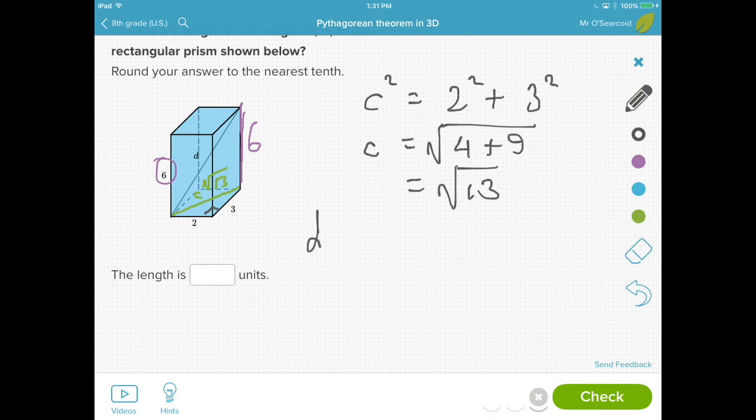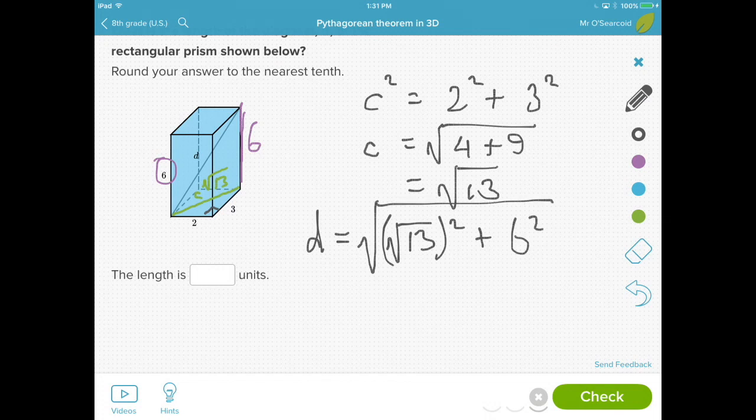In our other triangle, because this is also a right angle triangle, D is equal to the square root of the square root of 13 squared plus 6 squared from the height.